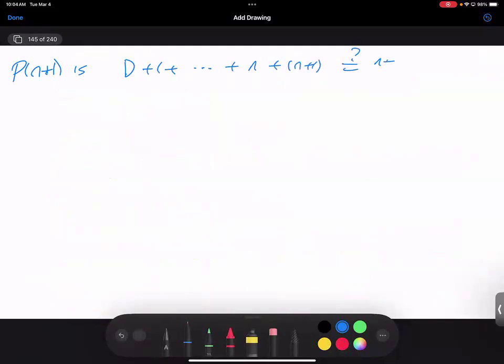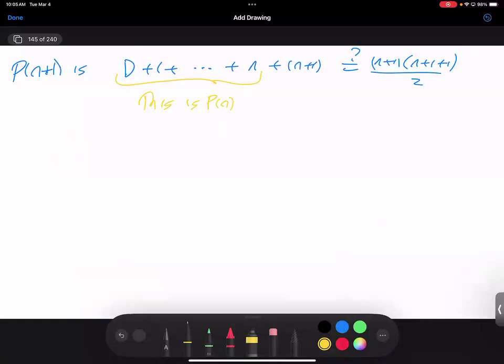Does this equal n plus 1 times n plus 1 plus 1 over 2? And if we do it like this, we could say, oh, we recognize what this is by assumption. This is Pn. So that was one thing that was a challenge.